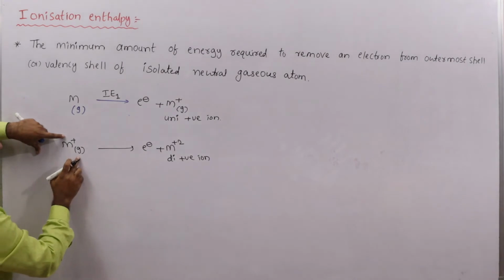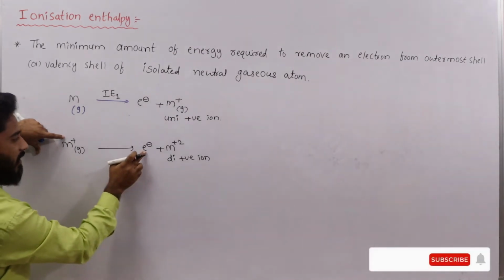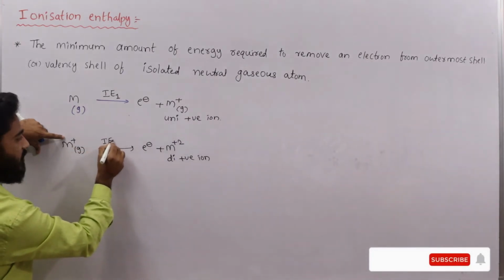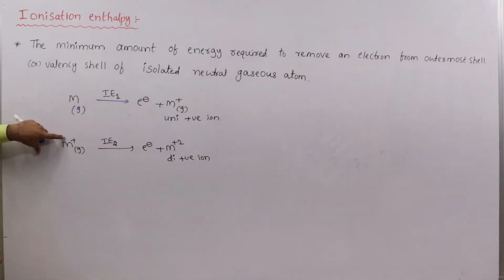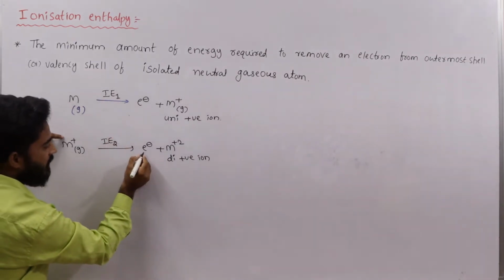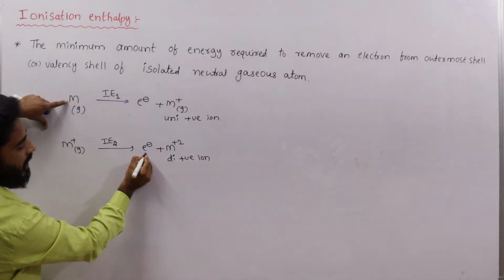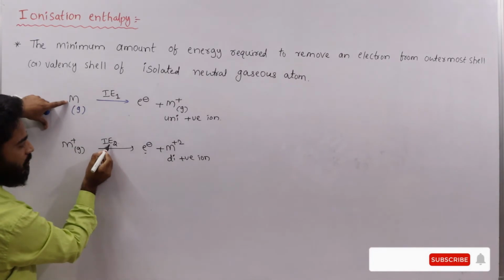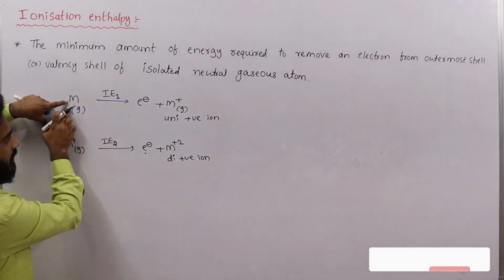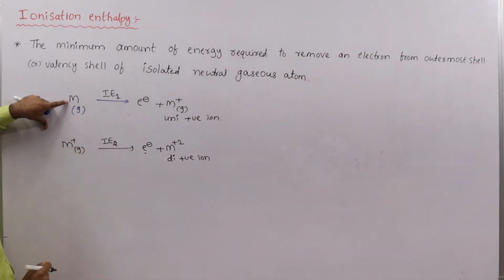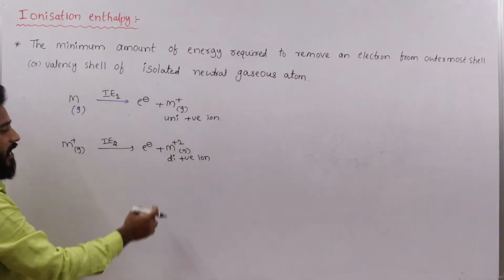The amount of energy required to remove an electron from a unipositive ion is called ionization energy 2. This is the second electron of M. That means the energy required to remove the second electron from the neutral gaseous atom is called ionization energy 2.